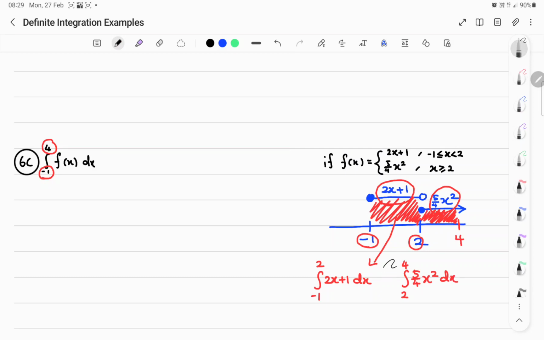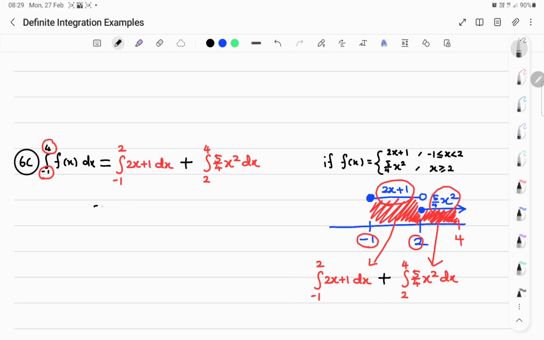And then what to do with these two? Add them up. So copy everything and then put it over here. Oh, I forgot to put the equal sign, and also I forgot to put the arrow, so that you can see which one is which.